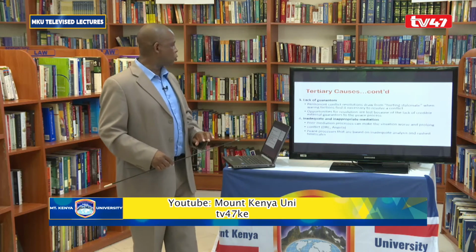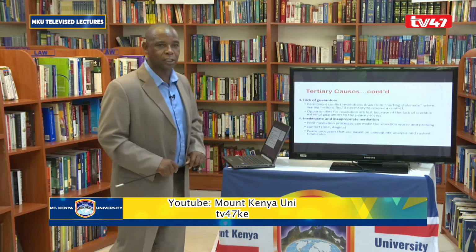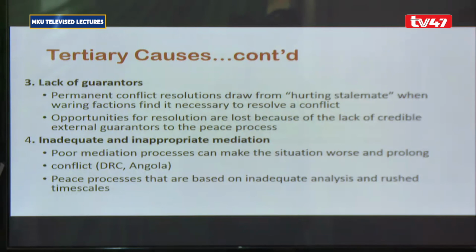Then the final tertiary cause of conflicts is the lack of guarantors for agreements. When groups of people have agreed to resolve their conflicts, many times we lack institutions or groups of people who can support them. The international community through the United Nations, and in Africa the African Union, contributes to this, but sometimes they do not have the capacity to resolve those conflicts.